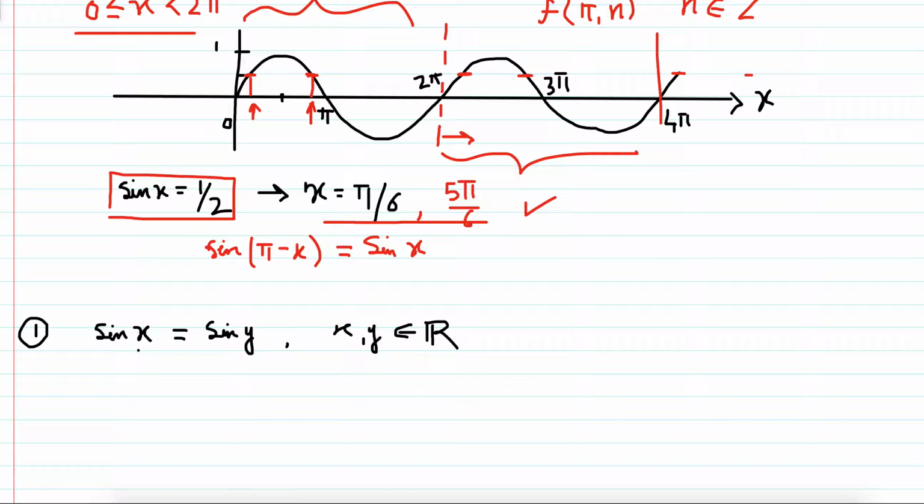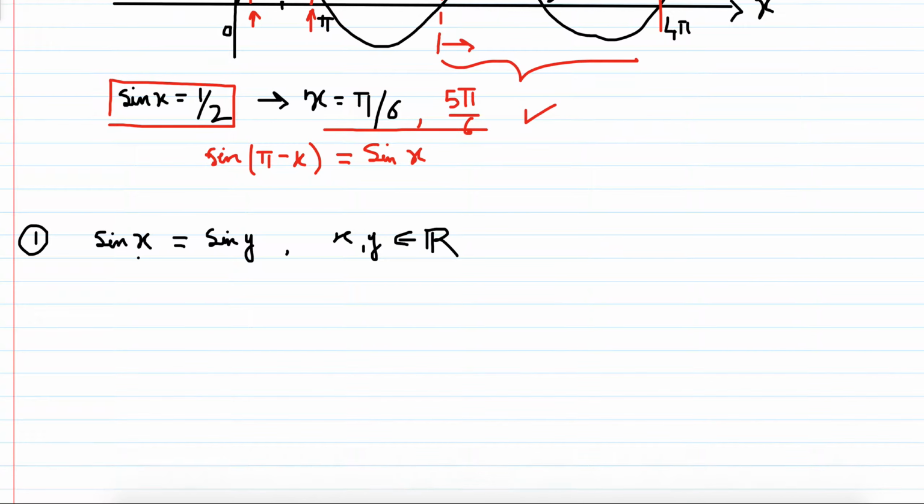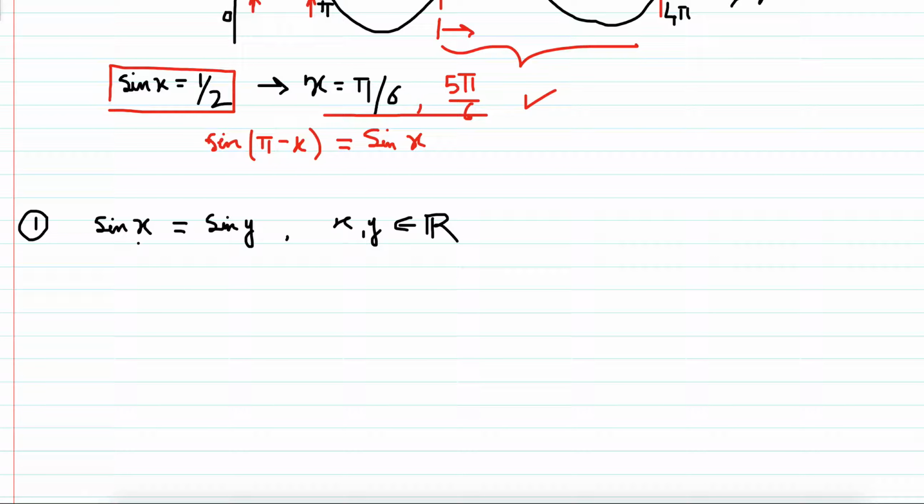So we see that if x is pi by 6 and y is some other angle for which it's again equal to half, then we can say that y may be pi by 6, y may be 5 pi by 6, y may be 2 pi plus pi by 6 and so on. So y and x can be related and we can write that relation.